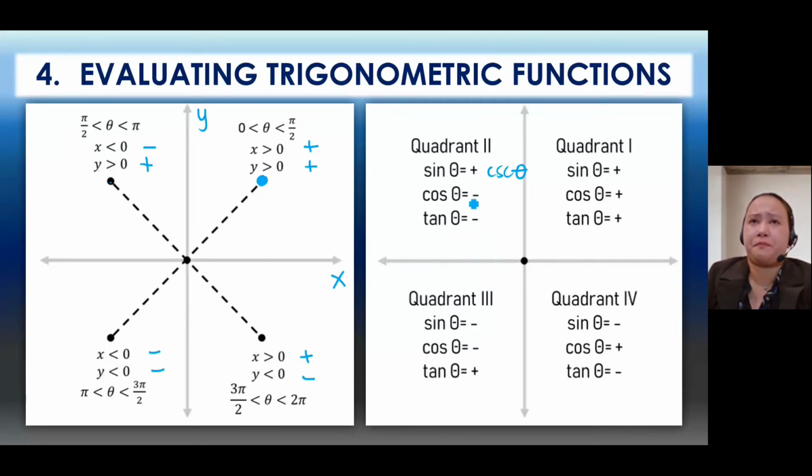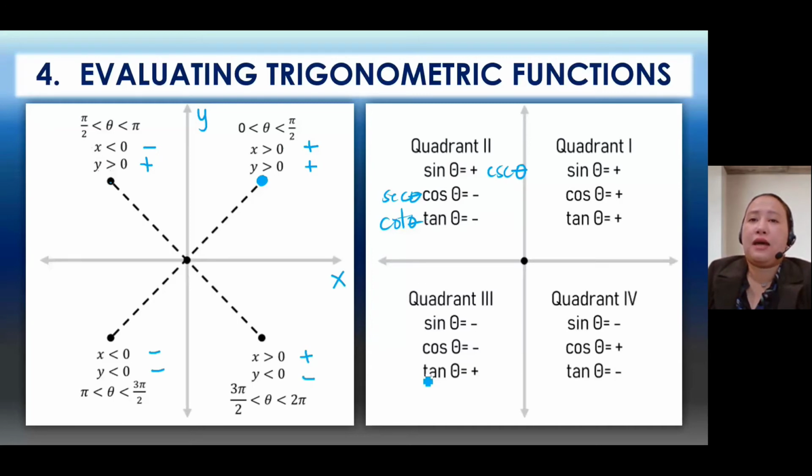Then if cosine is negative, it means that secant theta is also negative. Then tangent, we have cotangent. So these four are all negative in the second quadrant.